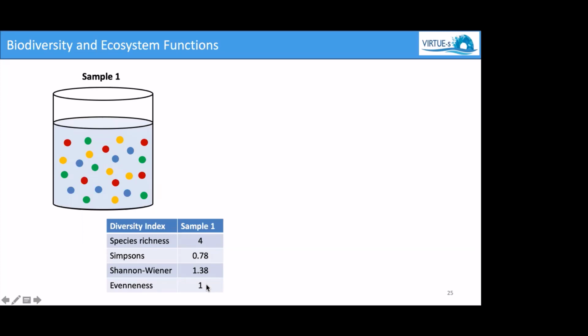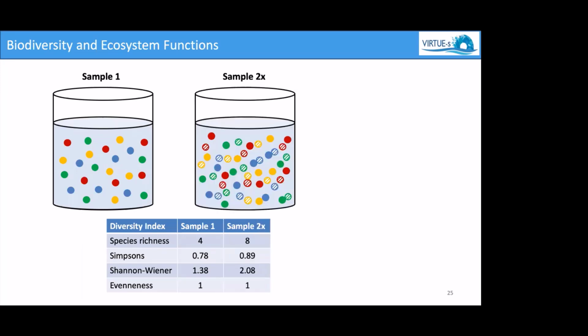If I increase the number of species twofold, I have now 8 species, and of course the Simpson's biodiversity index will increase, as well as the Shannon-Wiener. The evenness will still be the same, because each new species will have the same number as the original. So they are still evenly distributed, or they will have the same abundances.